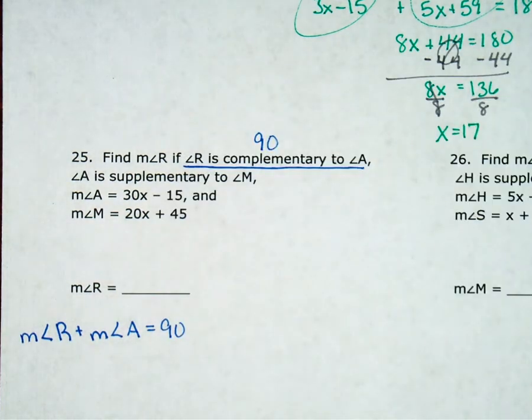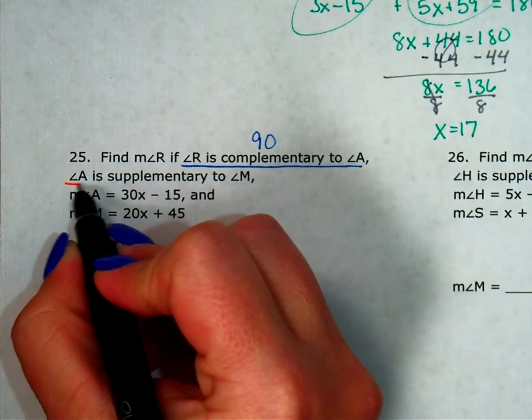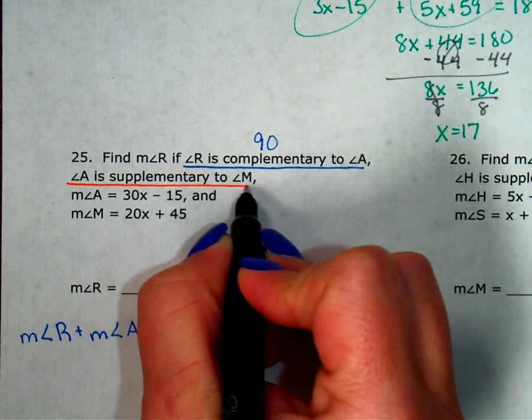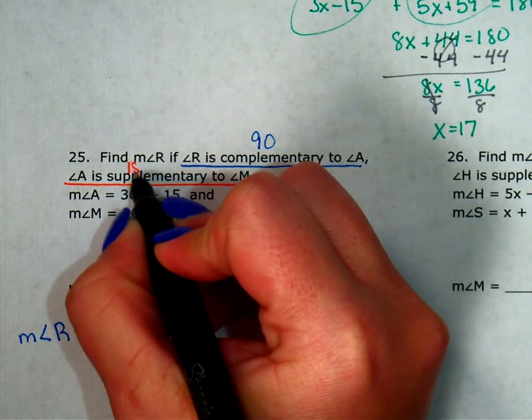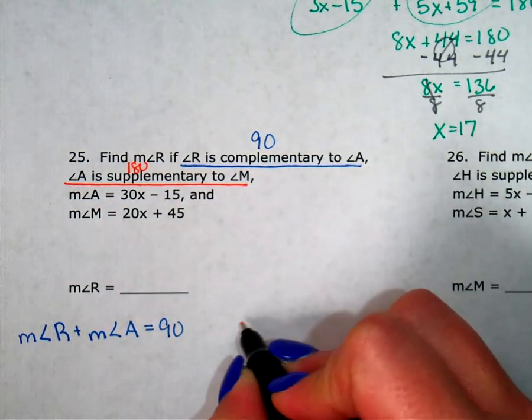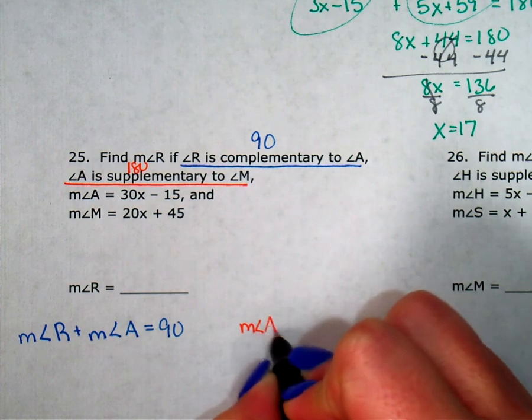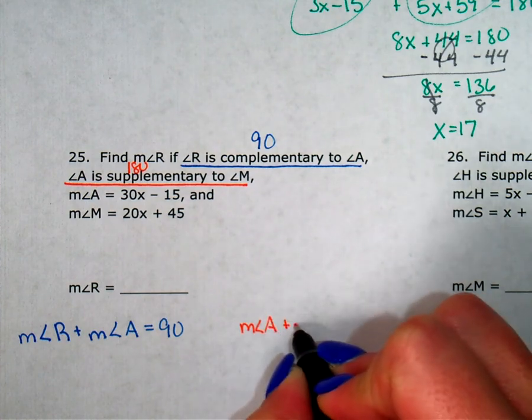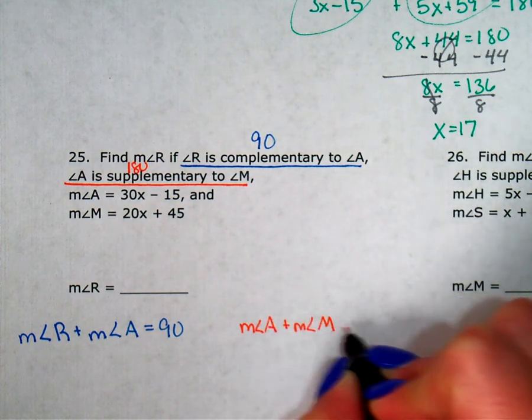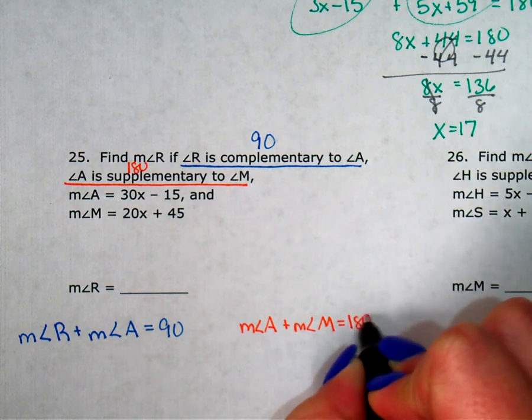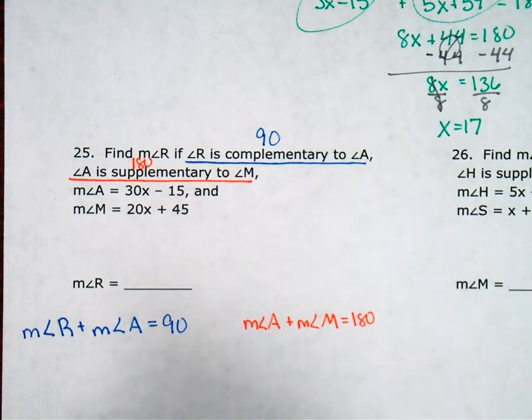Then the next section says angle A is supplementary to angle M. So remember, supplementary is 180. So the measure of angle A plus the measure of angle M equals 180 because they're supplementary.